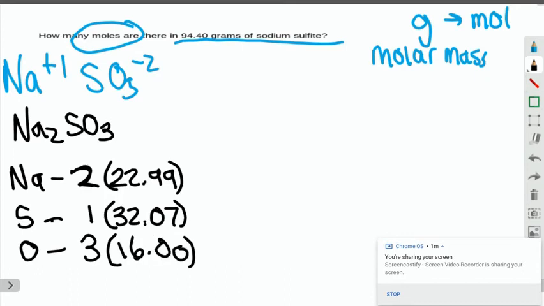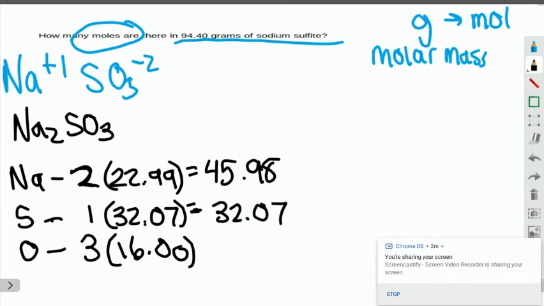So if we get our calculator out, 22.99 times 2 is 45.98. Sulfur's mass, 32.07 times 1, is simply 32.07. And then 3 times 16 is 48. So to get the total molar mass, we can do 45.98 plus 32.07 plus 48.